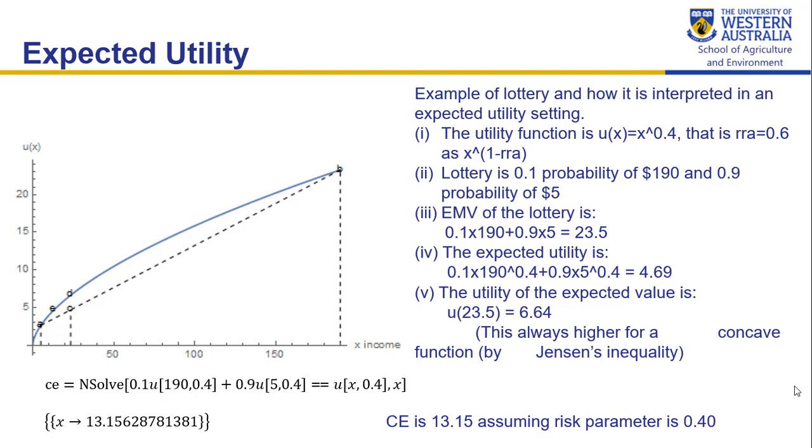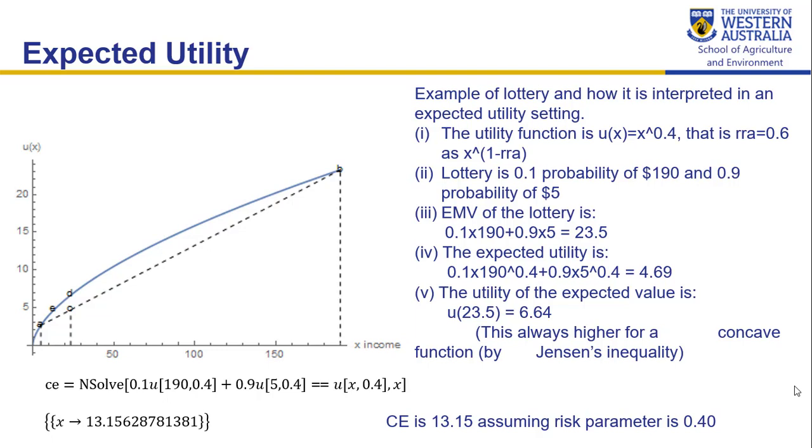Now, how do we get the certainty equivalent from these specifications? As we have seen in the previous graph, the expected utility at the level of certainty equivalent gives us the same level of expected utility of the lottery. So we can equate these two expected utility values and then find the certainty equivalent.